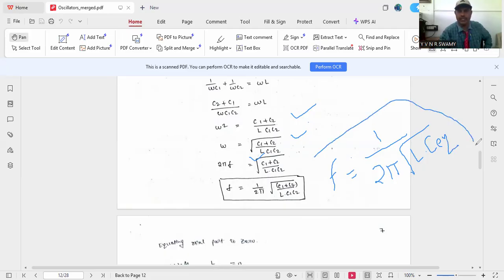This is the frequency formula for the Colpitts oscillator. Thank you.